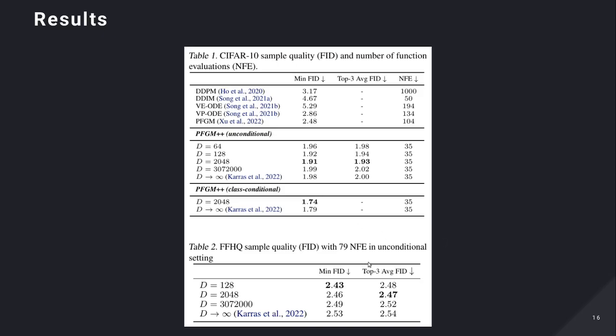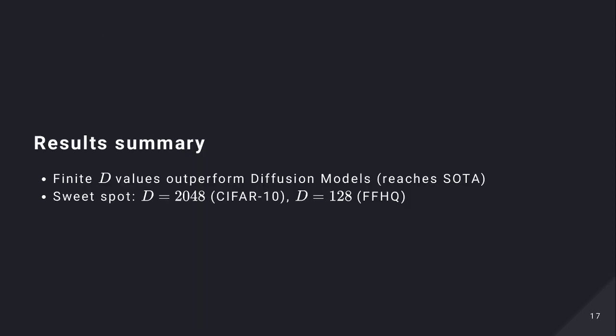Note that the paper has a bit on exactly how they computed these FIDs, because they did some averaging over multiple samples and had some interesting results there, but we can discuss that later. So to summarize the results, for finite D values, you outperform the diffusion models, and the paper claims they reach SOTA in this case. And there seems to be a sweet spot between D equals 1 and D equals infinity.